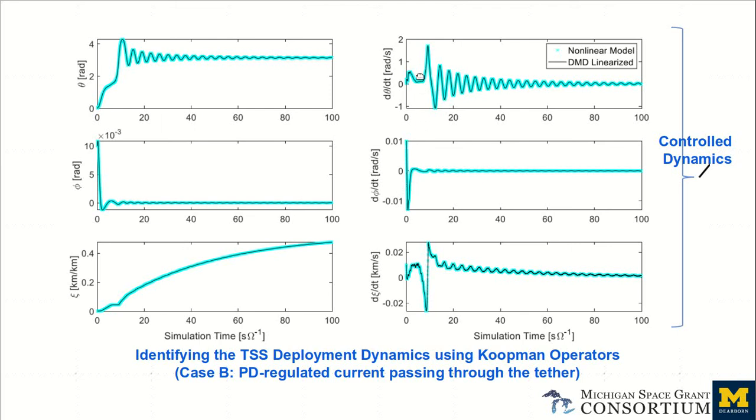Again, the blue line represents the nonlinear model and its generated data. The black line represents the DMD linearized dynamics. Again, there is a very good overlap between all these linearized dynamics and the underlying nonlinear model.